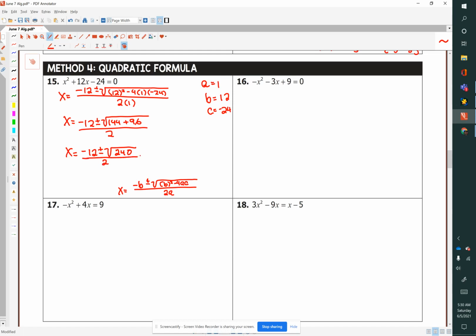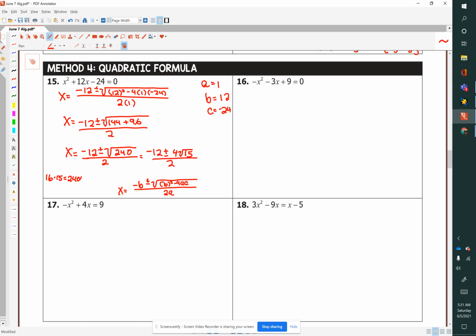And we can think of 240 as 16 times 15. So that would be the square root of 16 is 4 times the square root of 15, all over 2.